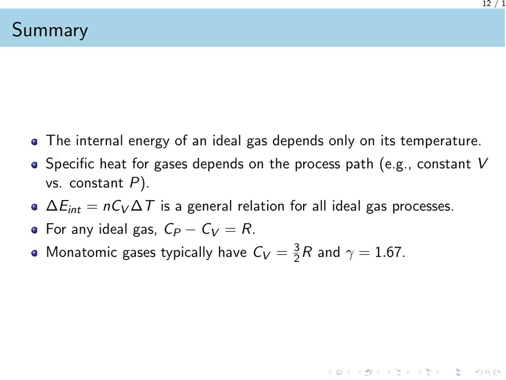We also found that for any ideal gas, the difference between the two molar-specific heats is the gas constant, R. Specifically for monatomic gases, C sub V is 3/2 R, and the ratio gamma is 1.67.